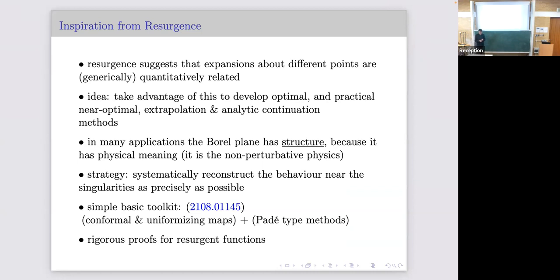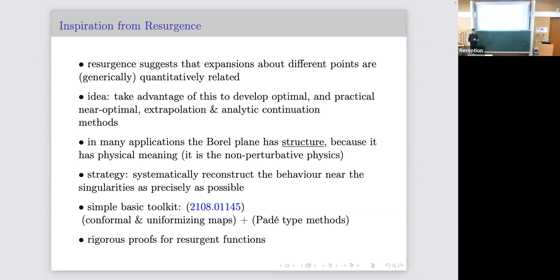So if that's true, then maybe you can use that fact to develop better extrapolations and continuations from one point of expansion to another. And so the idea underlying this is to develop optimal and maybe near optimal methods for what is essentially numerical analytic continuation.